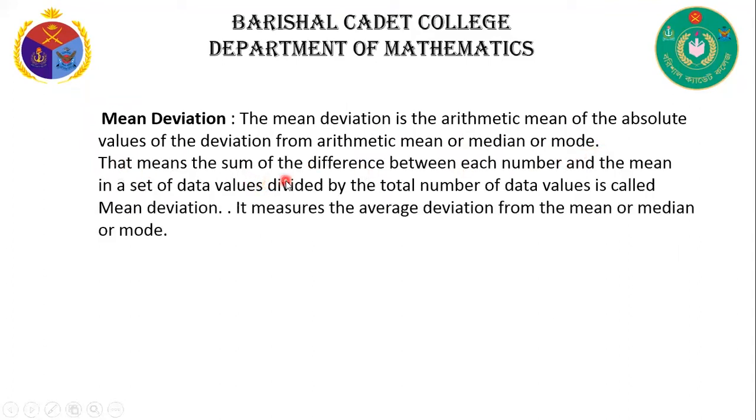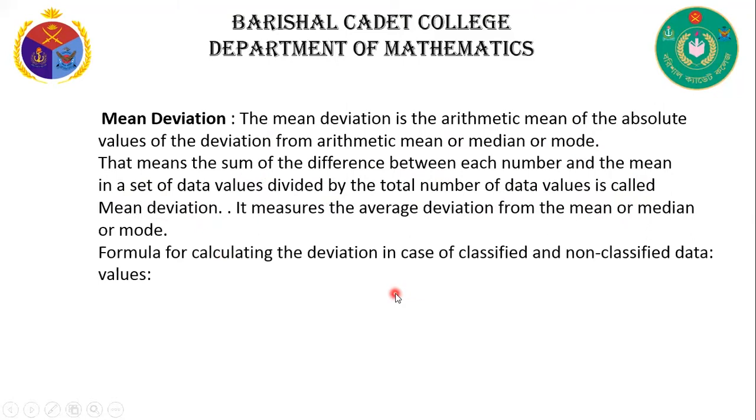That means the sum of the differences between each number and the mean in the set of data values divided by the total number of data values is called mean deviation. It measures the average deviation from the mean or median or mode.